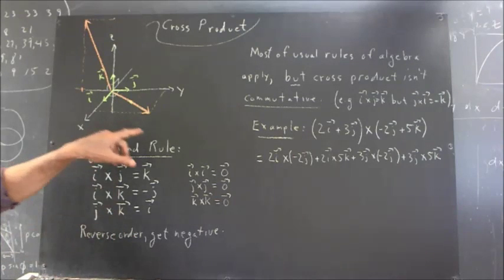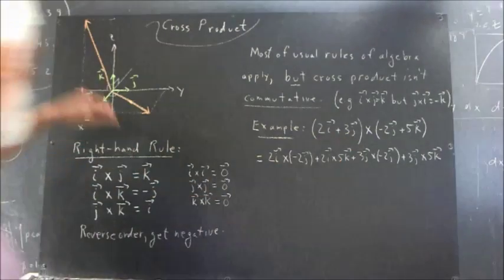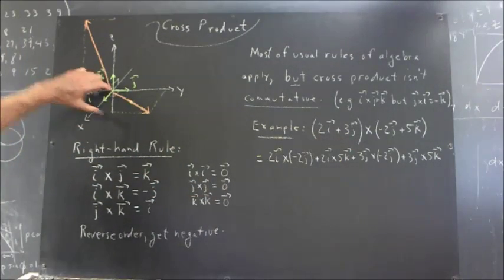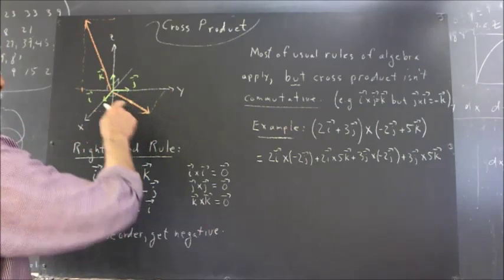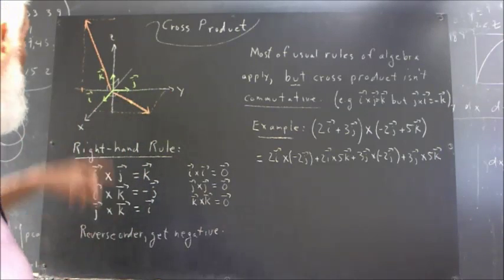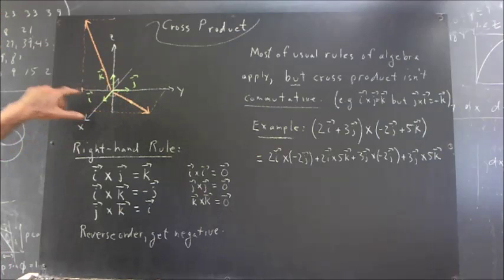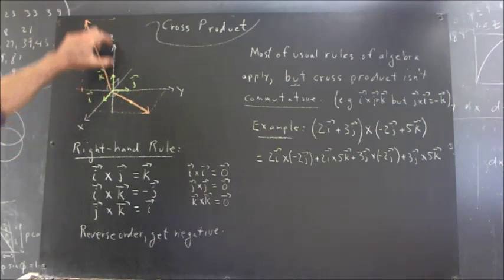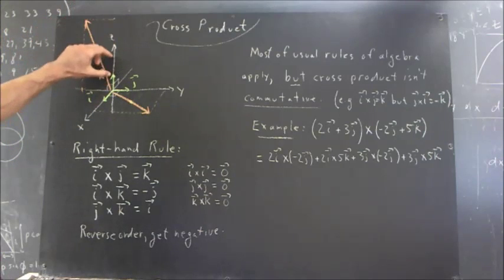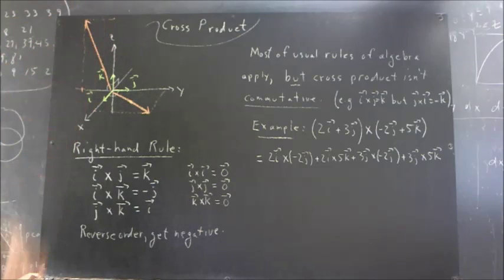Okay, now you can see here 2i plus 3j. That would be 2 i's, that would be about here, and 3 j's would be about here. So if I add 2i and 3j, I get this vector. Negative 2j would be 2 of these back in this direction. That put us about here. And 5k would be 1, 2, 3, 4, 5 of these, probably actually a little more than what I drew, but I ran out of board space.